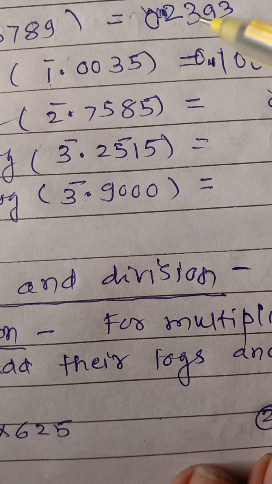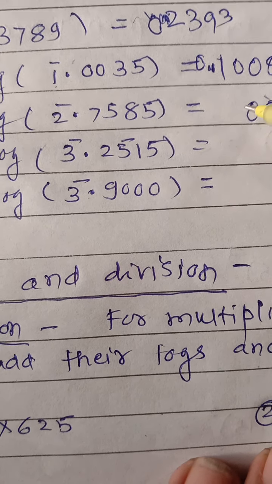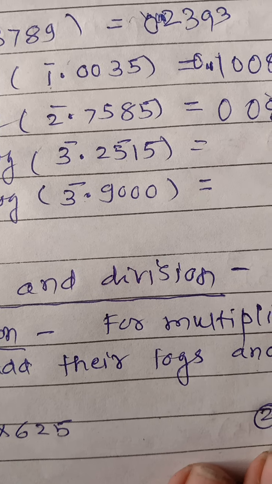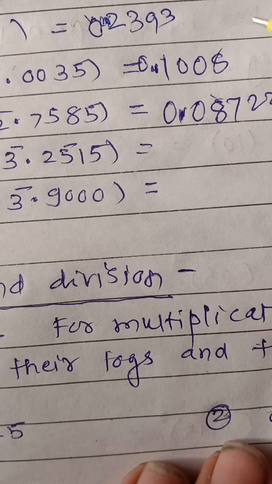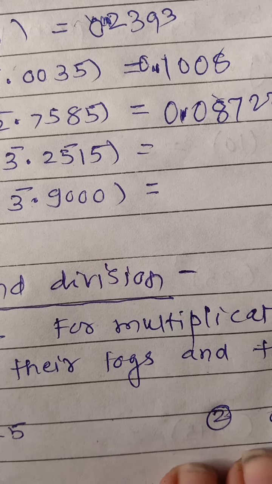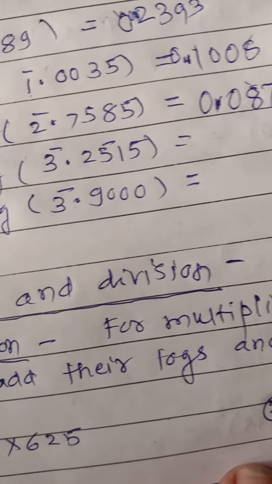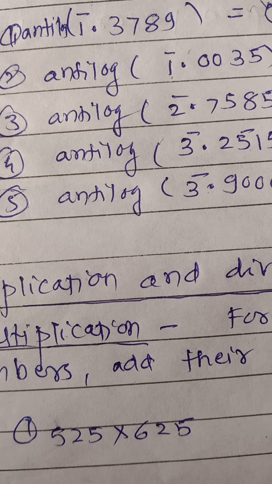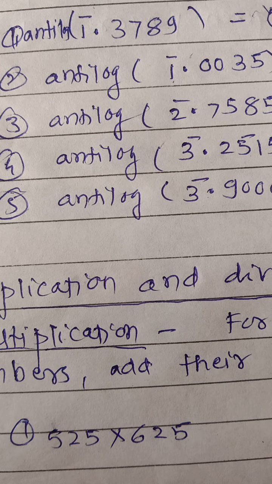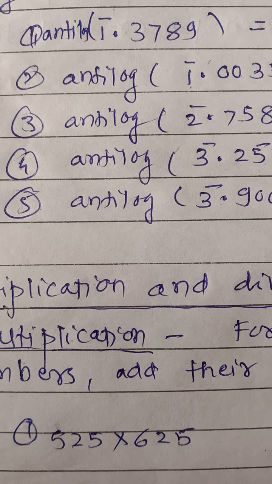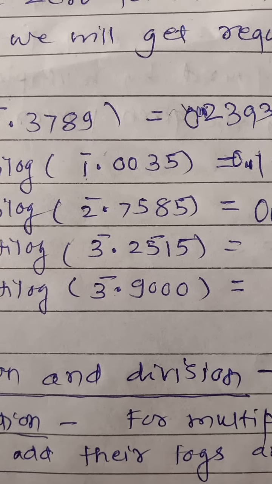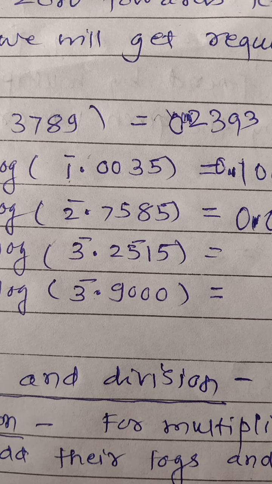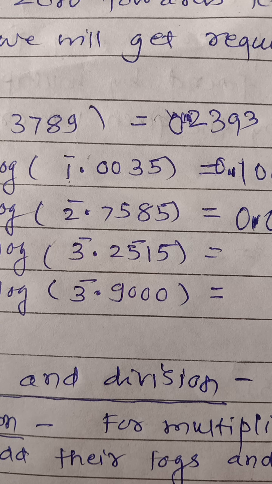Now in this case bar 2 is there, and therefore before this number 2 zeros will be placed, and leaving 1 zero on the left we can put the decimal, so it is 0.08722. Then we will go for the next one, that is the antilog of bar 3.2515.